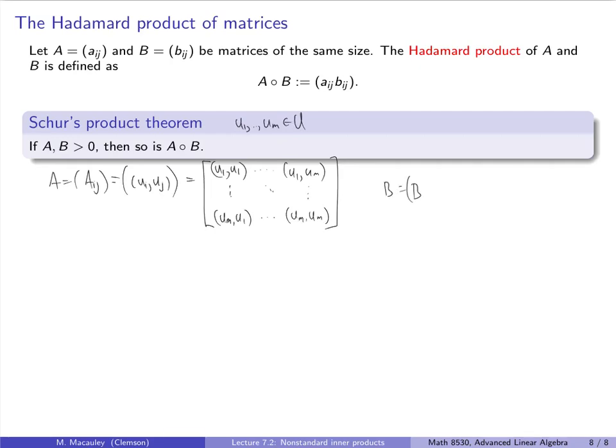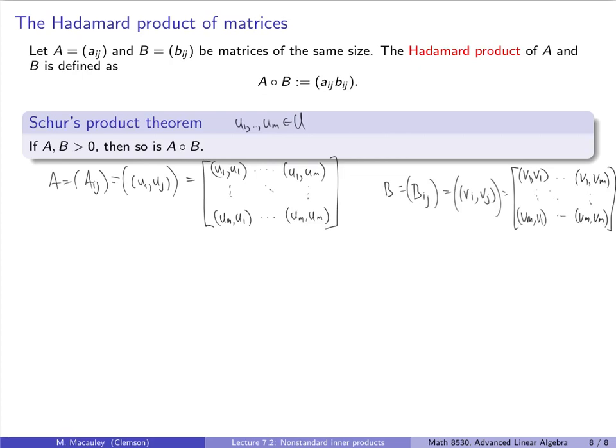And then B is bij. This is a Gram matrix, so in some other inner product space, the inner product structure is generally going to be different. We have vi dot vj is the ij entry, and so once again this is v1 dot v1 up to v1 dot vm, and vm dot v1 and vm dot vm.